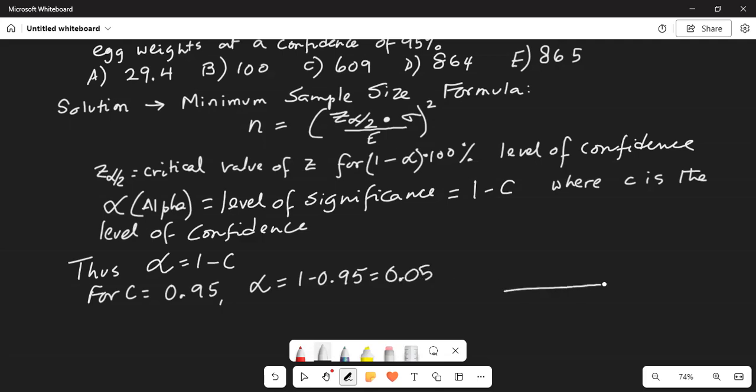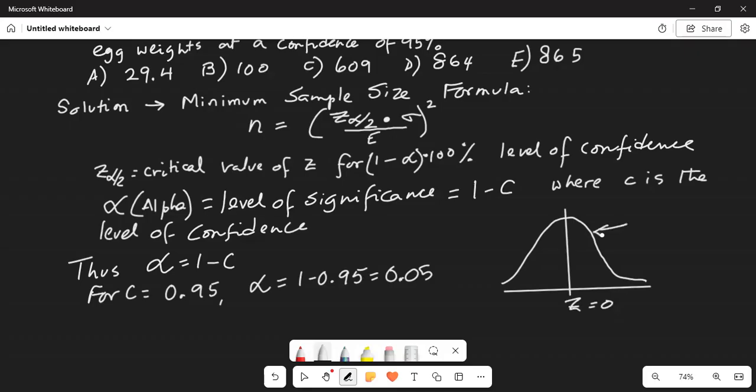So here I have the standard normal curve. Okay. So at the center, Z is equal to 0.